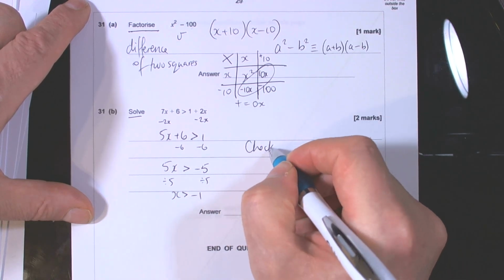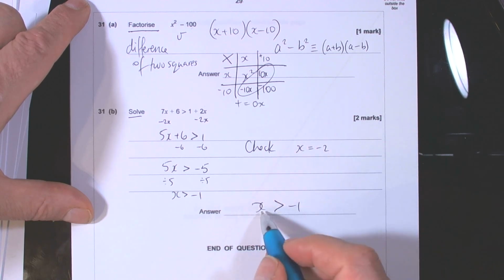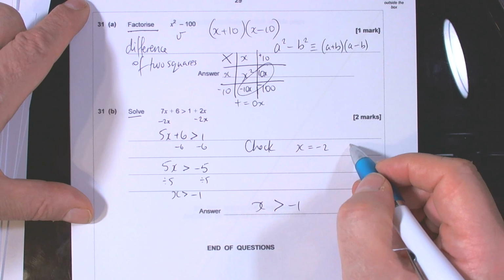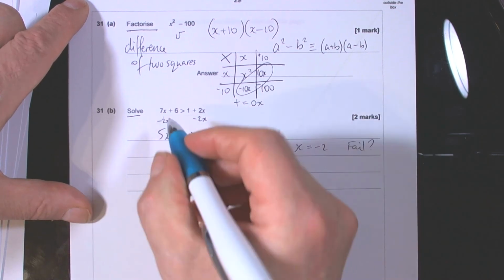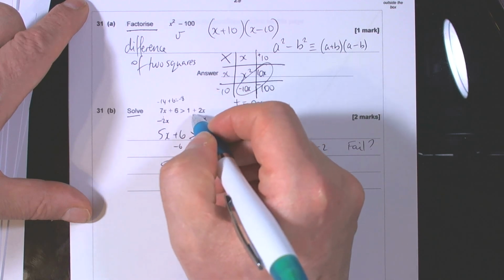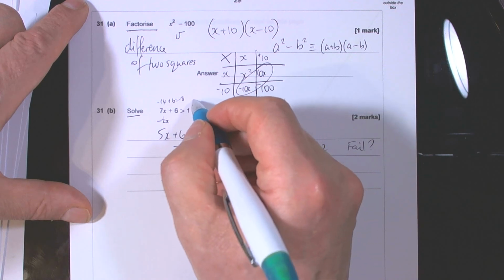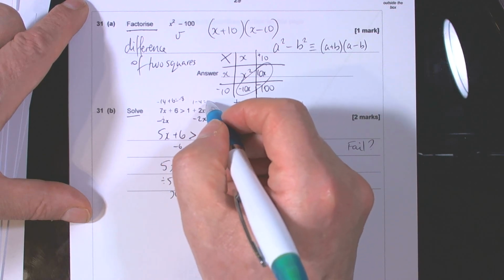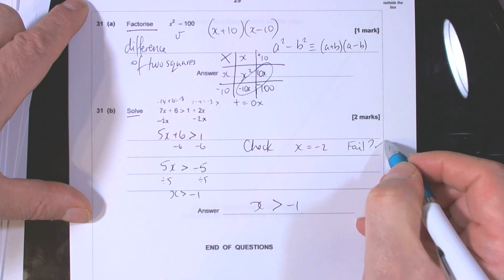We should check that that works, so x is equal to -2, that's less than -1, so this should fail. If we put -2 in here, then we end up with -14 plus 6, which is -8, and we end up with -4 there. So 1 take away 4 is -3. Is -8 greater than -3? No, it's not. So that did fail.